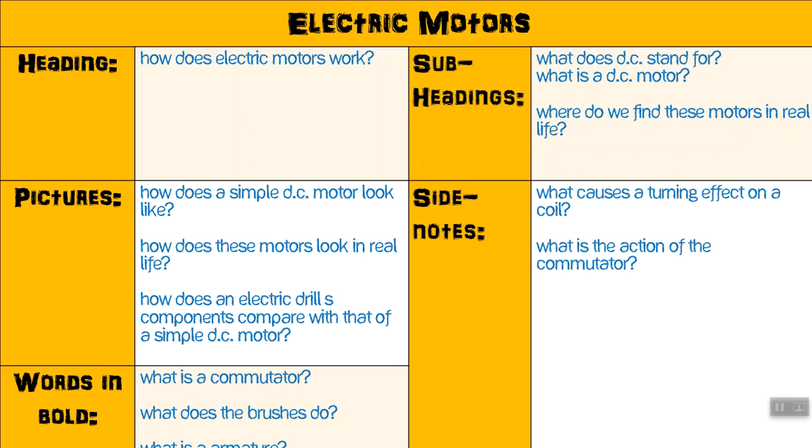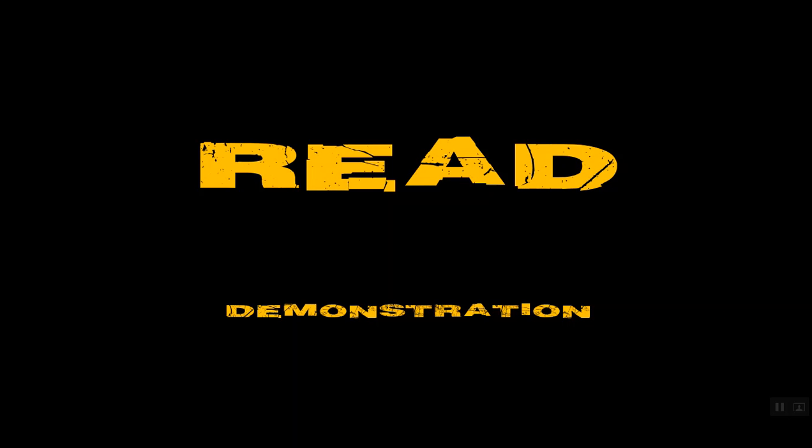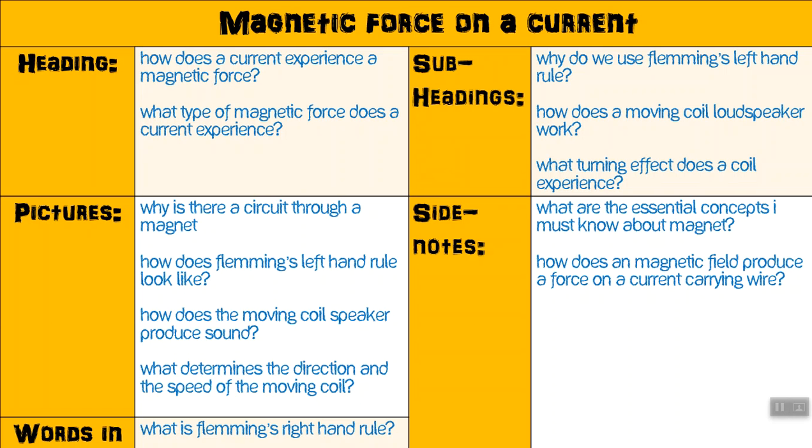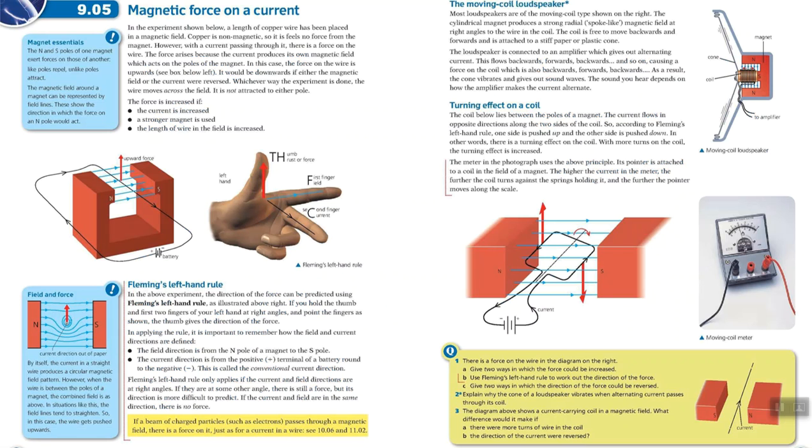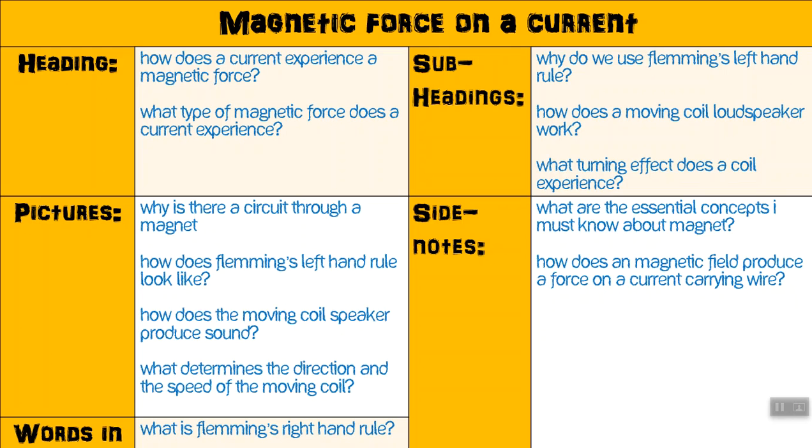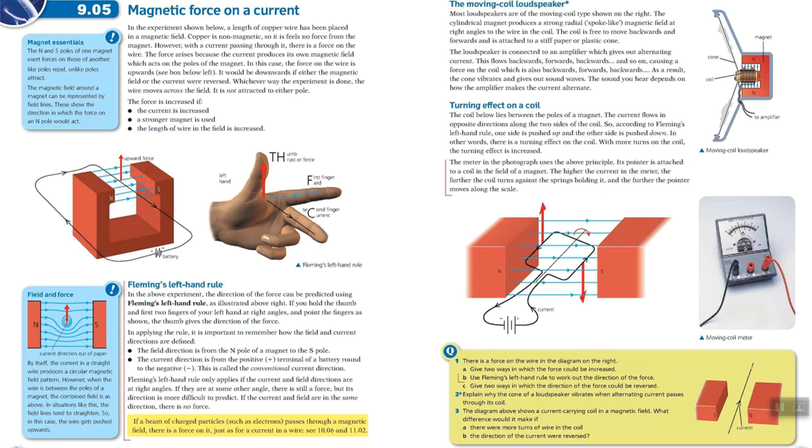Okay, so the next part is to read. What we're going to do is look for the first question: how does a current experience a magnetic force? I'll go to my textbook and start reading for a specific answer to that question. I take one question at a time and read through the work until I get an answer.